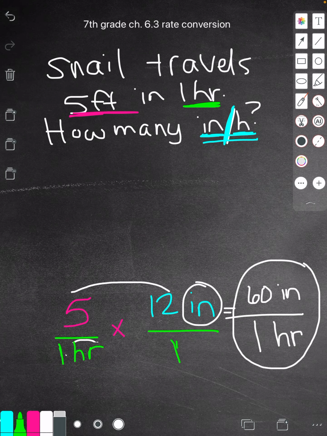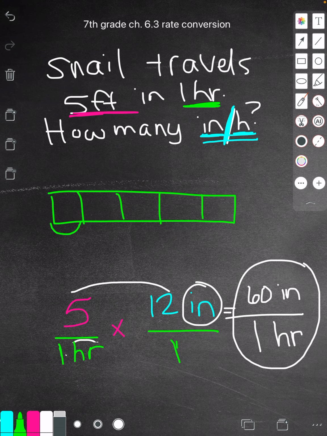So I know that he's gone 5 feet, all right? Here's 5 feet, 1 box for every foot, and all of this is in 1 hour. I want to change this into inches. So if this is 1 foot, it's also 12 inches because those two are the same exact thing.